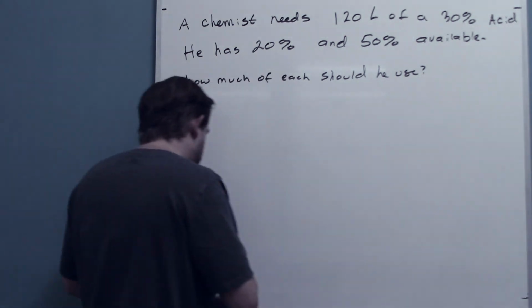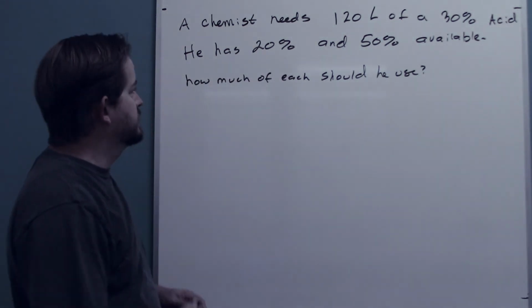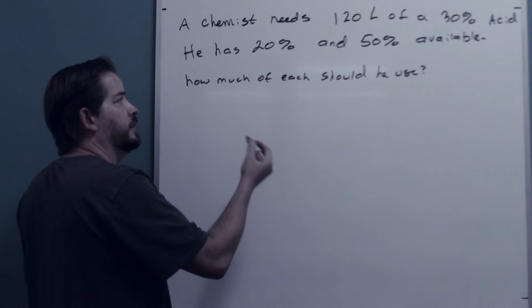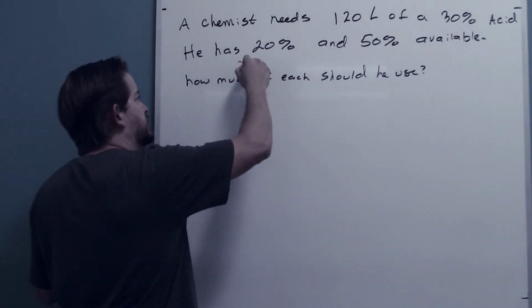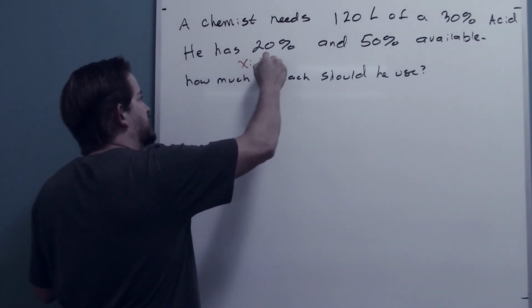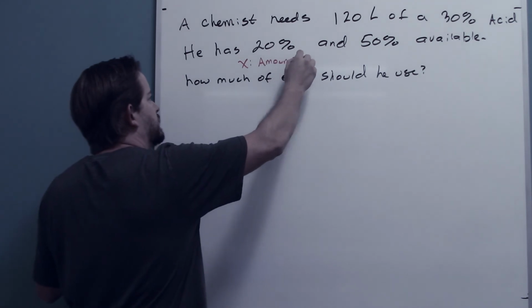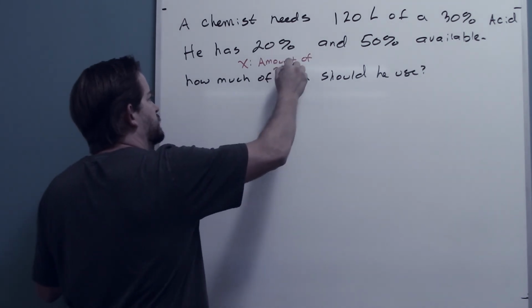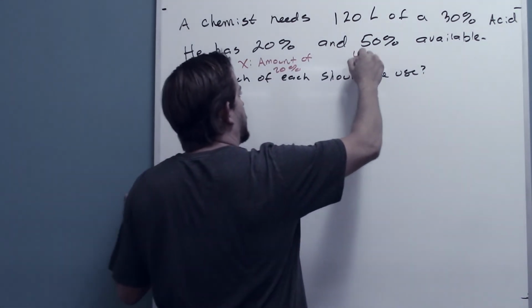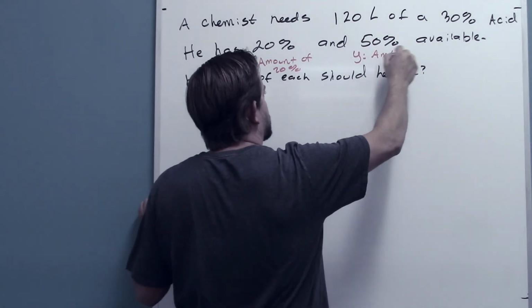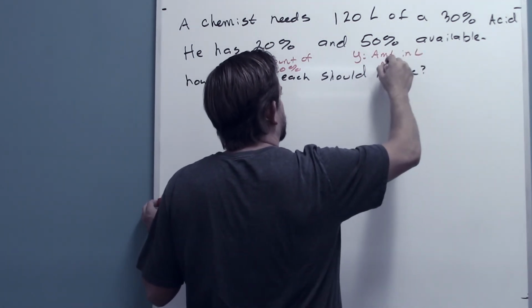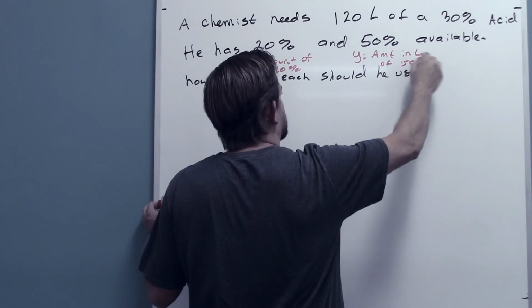Okay. Again, I'm going to set up two equations, right? I'm going to identify my unknown here. X is the amount in liters of the 20% solution, while Y is the amount in liters of the 50% solution.